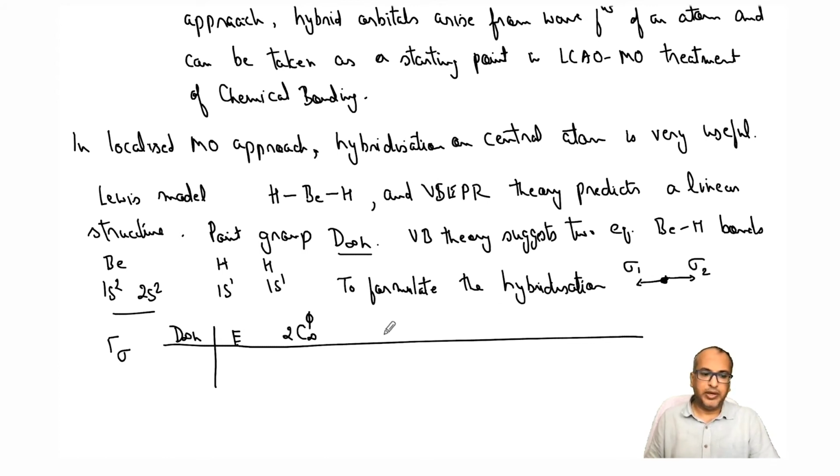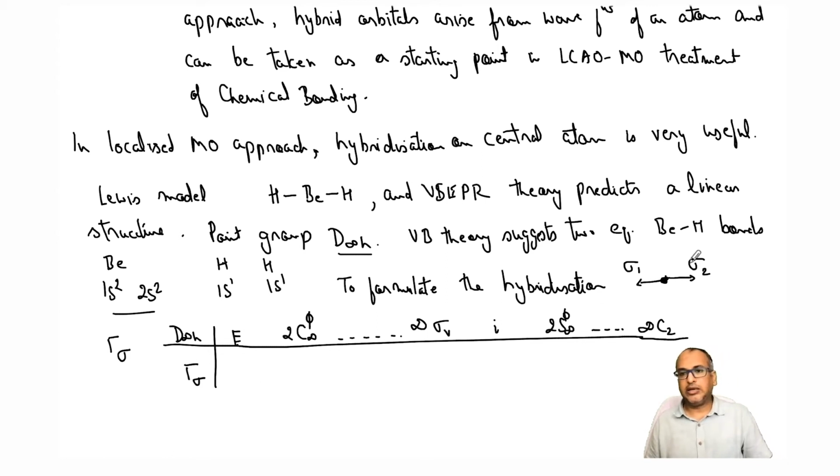Okay. Now we cannot list down all the symmetry operations, so we'll just list down a few: 2S infinity, infinity C2. All right. So now tau sigma. Because these are two sigmas as the basis function, E will have a 2 cross 2 matrix, so we will write the trace as 2, right?